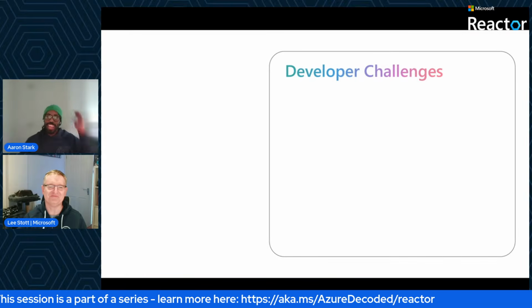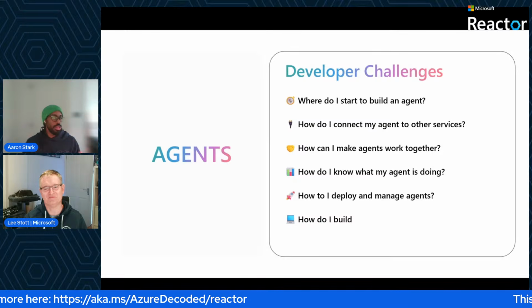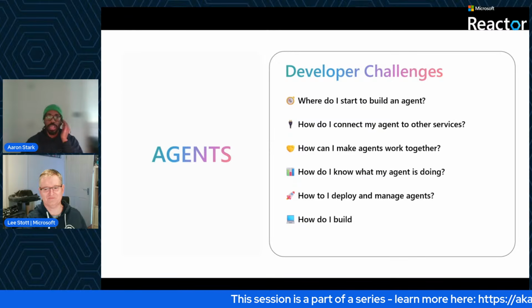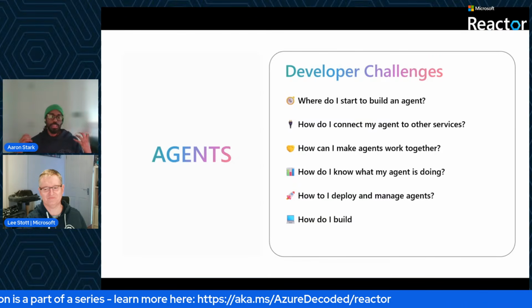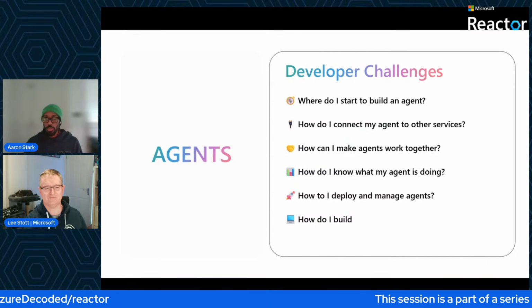Me as well. And like Lee mentioned, I wanted to give a little bit of an overview and recap, because I know that we talked about some of these in the previous Azure Decoded episodes and series, but we had covered the different challenges that exist for developers when they're building agents, or as we think about this agentic shift within the software development lifecycle. We had covered Microsoft Agent Framework with Spencer.